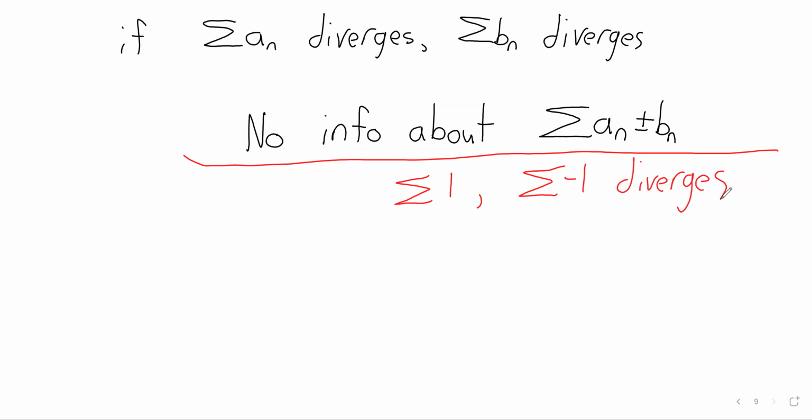These both diverge, and, well, if we add these divergent series together, we get the convergent series. We get 0. So because infinite sums can cancel each other out, as it were, the fact that individual pieces diverge doesn't tell us anything about the sum.